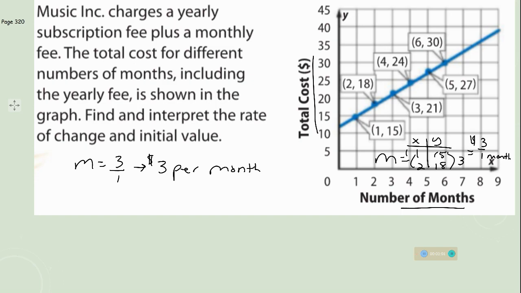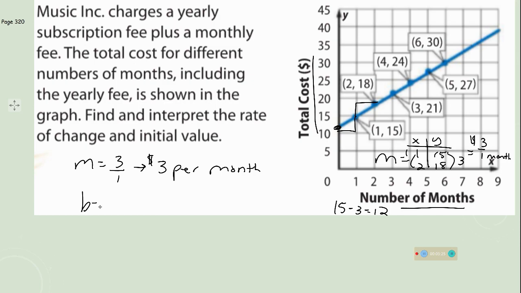Now look to where we started. If we are here, we have to figure out what this point is. And it's really hard to tell exactly what it is, but we went up 1 over 3. So we are going to go down 1 over 3, or we're going to take 15 minus 3. We'll get 12.